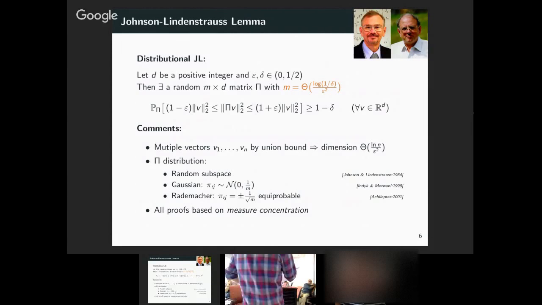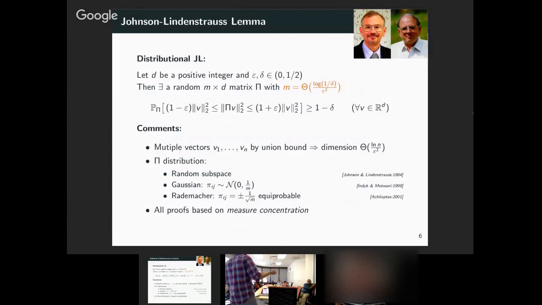And what kind of distributions do we care about? First of all, the classical result of Johnson-Lindenstrauss shows that if you pick this projection as a projection on a random subspace, this will work with high probability. Of course, this is not very efficient, because you need to compute this projection according to the subspace. The work of Indyk and Motwani showed that you can make this much simpler. You can just pick IID Gaussian coordinates, and this will work with the same kind of probability guarantee.